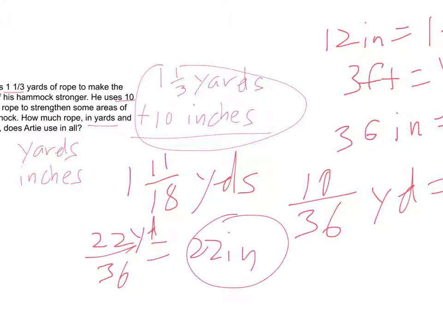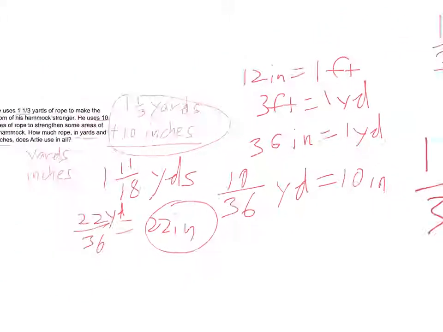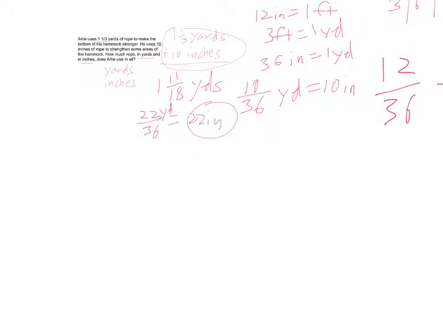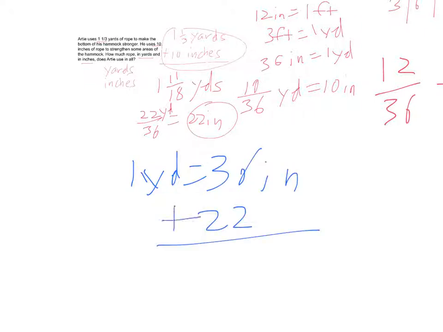We have to now figure out a yard. We know a yard is 36 inches, so we'll do some work down here. 1 yard equals 36 inches, and then we just add in the 22 inches. 36 plus 22 is 58, so we have 58 inches.